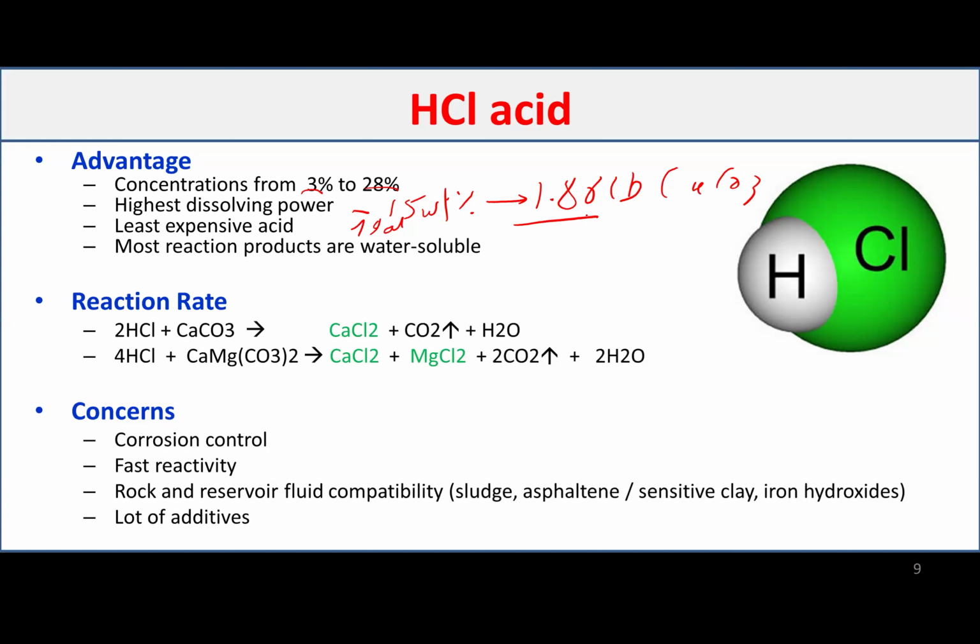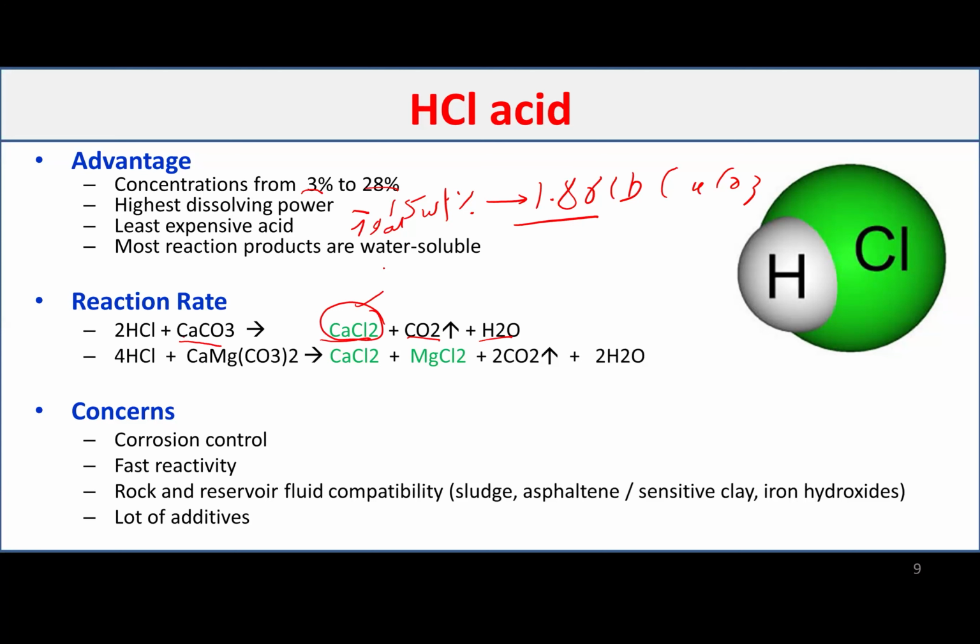For example, if HCl reacts with calcium carbonate, it produces calcium chloride, CO2, and H2O. The calcium chloride will be completely soluble in water, across all acid concentrations from 3 to 28%. So there is nothing to precipitate downhole.